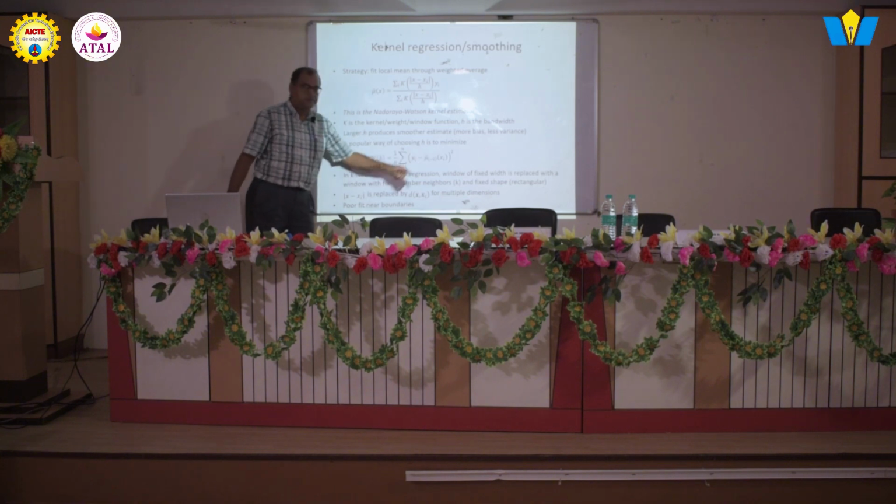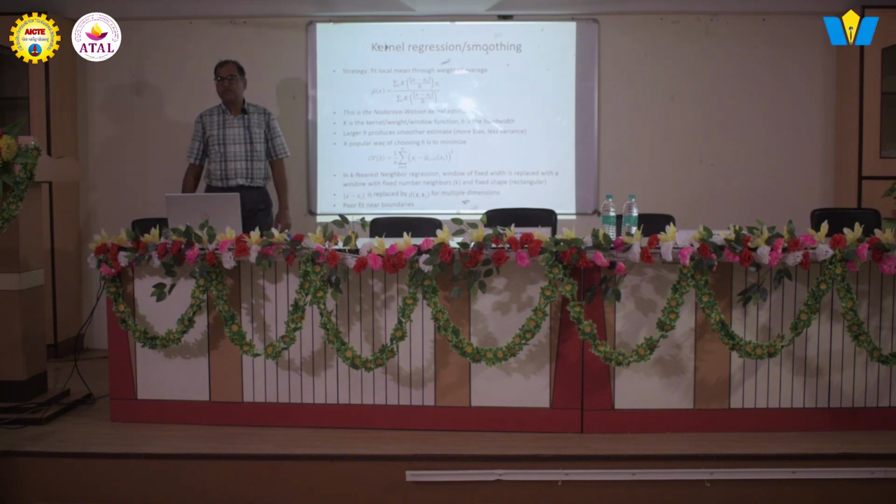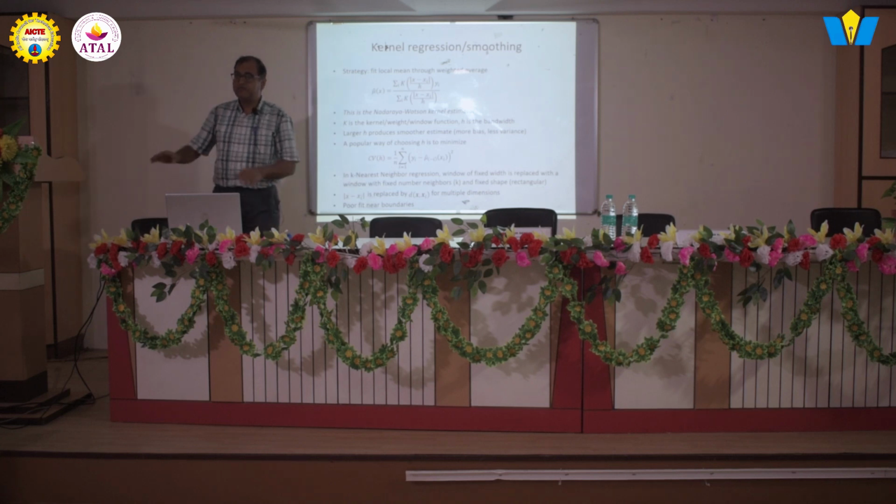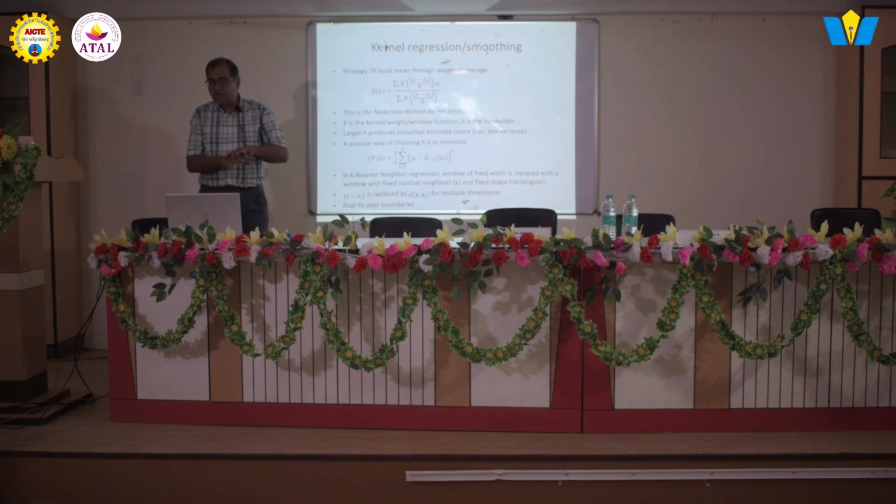So this is the squared prediction error. It's called leave-one-out cross validation error. Cross validation because we are leaving out one data point, predicting the data value and validating it by comparing with the actually observed value.